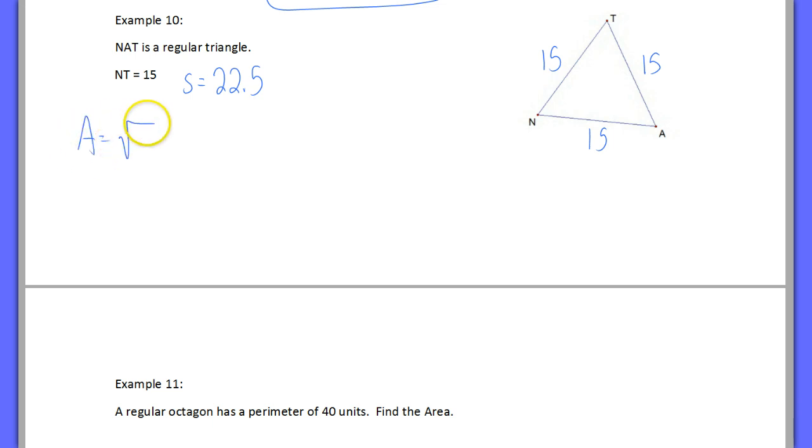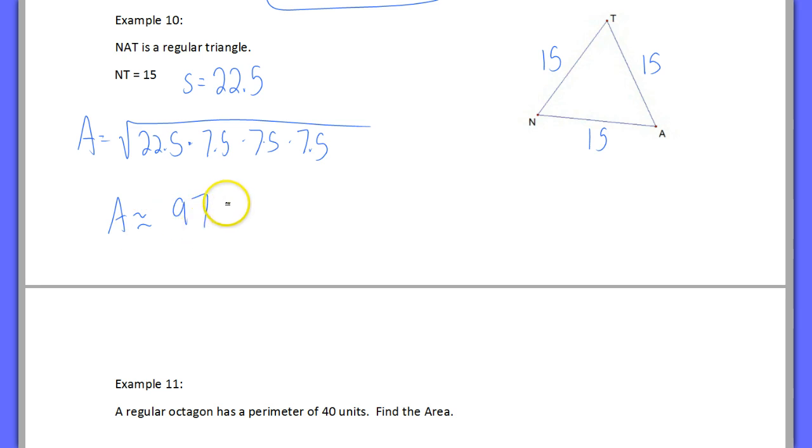Now the area is the big square root of S times S minus A times S minus B times S minus C. So those are the numbers that we're going to multiply together, and then take the square root of all that, and that'll give us a final area of about 97.43 units squared.